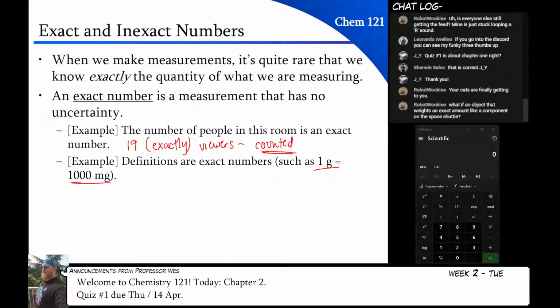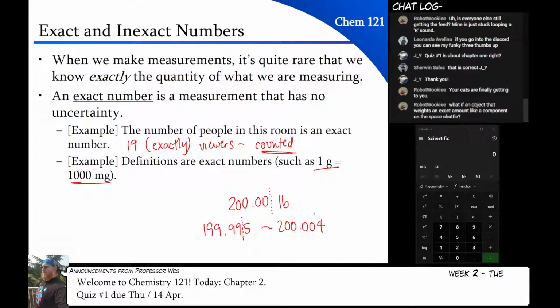What if an object weighs an exact amount, like a component on the space shuttle? So even that is not exact. And the reason for that is that if I want something to weigh exactly 200.00 pounds, all I have to do is get, so if this is the number that I want, exactly 200 pounds, any number between this range will satisfy that requirement, because the cutoff is the second decimal.